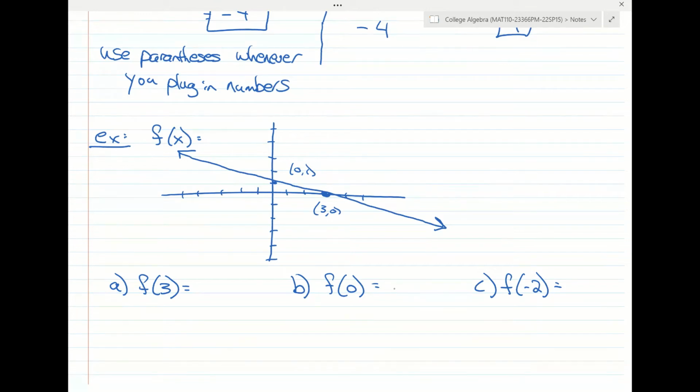What is y when x is 3? What is y when x is 0? What is y when x is negative 2? So as long as we understand what that means, it's great.